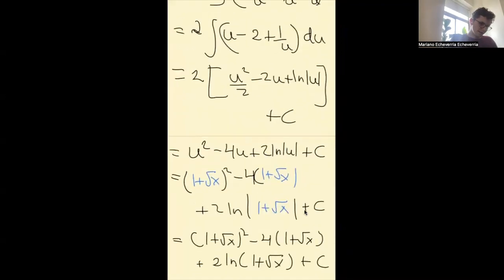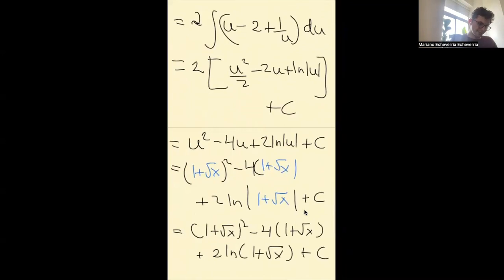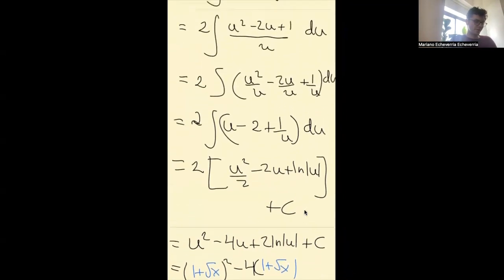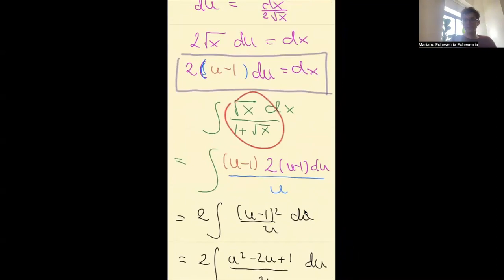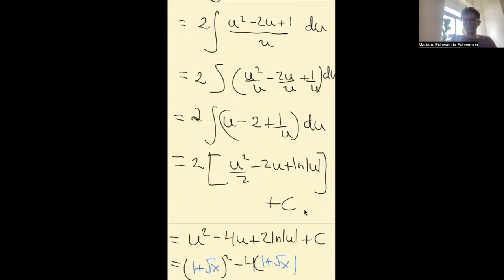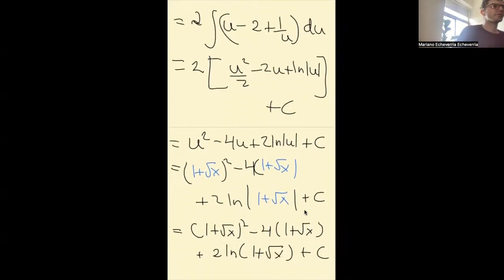Okay. So again, what this is saying is that if you took the derivative of this quantity, which is a lot bigger, you will find root of x over 1 plus root of x. It is harder to believe, but it just requires you to do some simplifications.